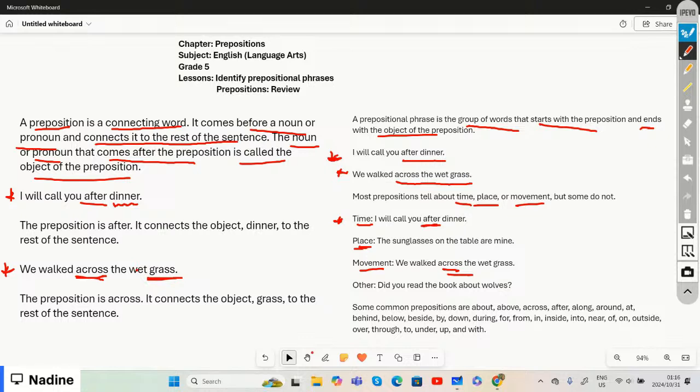All right. So once again, prepositions are connecting words. A preposition is the word that comes before a noun or pronoun and connects it to the rest of the sentence.